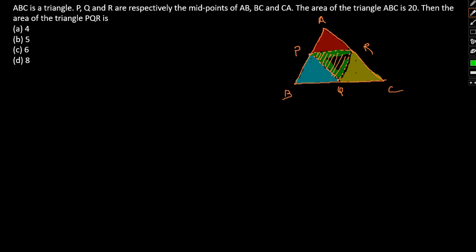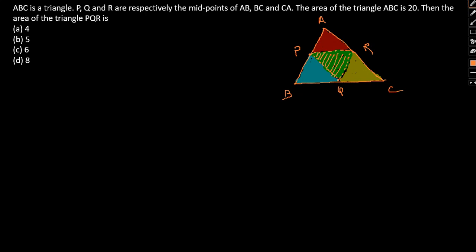From the diagram itself, we can pretty clearly see that the entire triangle ABC is divided into four equal parts by all these four triangles, and all these triangles are similar to each other, and also similar with respect to the initial triangle ABC as well.